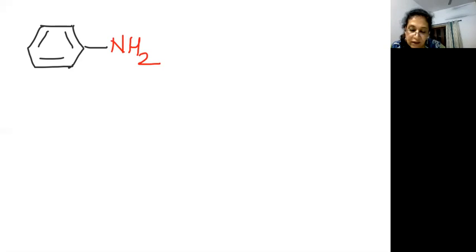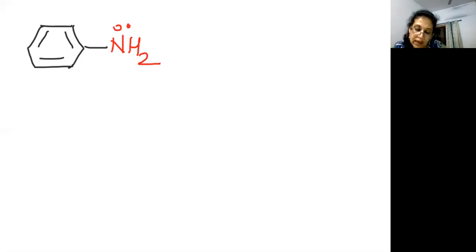Okay. The next structure which we had was aniline, and the structure of aniline will be, let me first make the molecule. Aniline is basically a benzene ring, and to that NH2 is attached. The NH2 has a lone pair of electrons, because a total of 6 electrons could be seen.